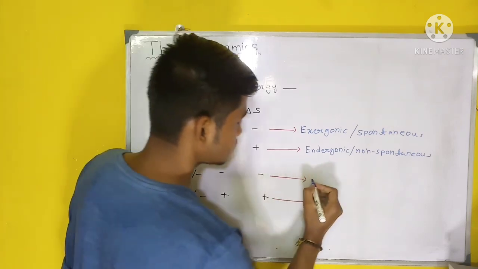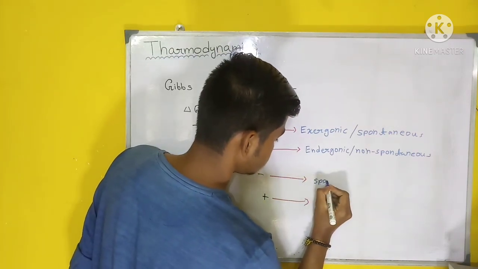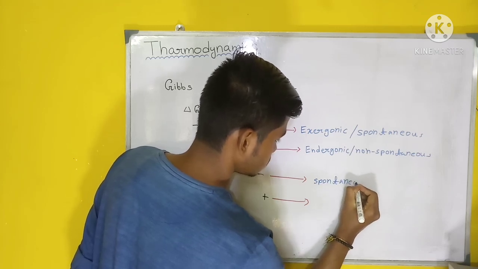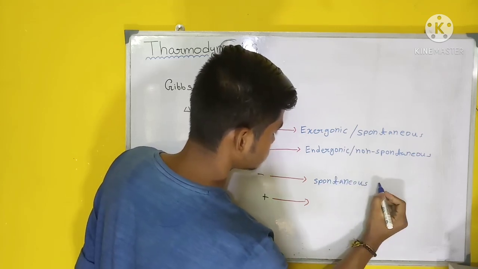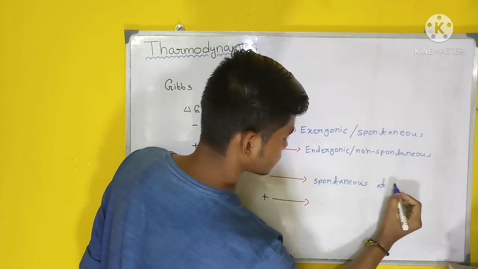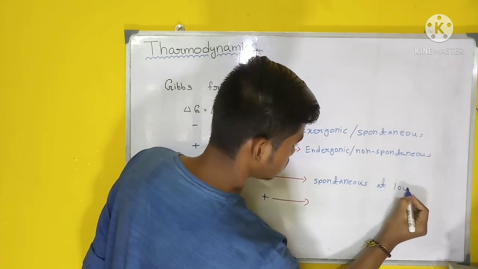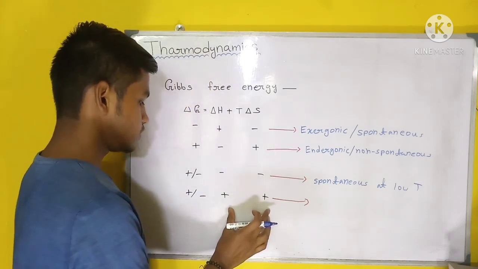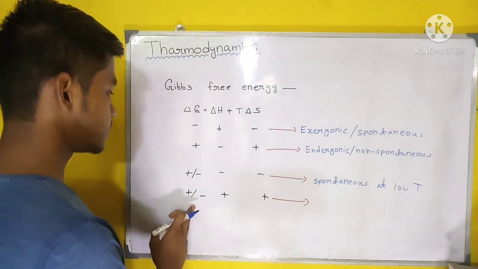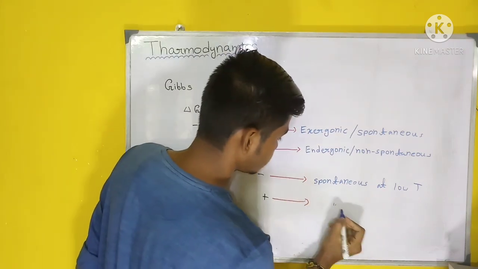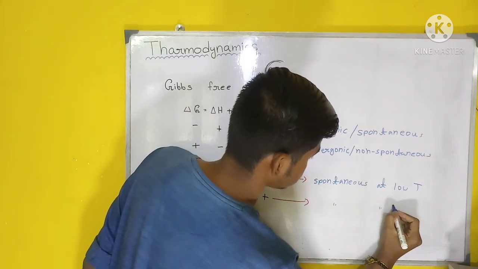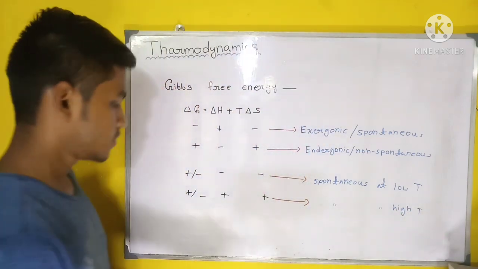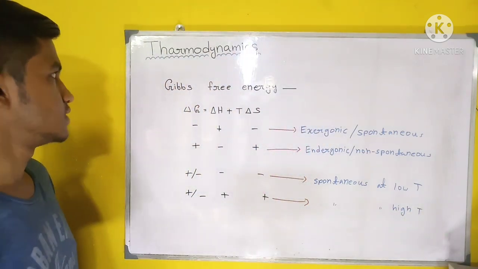That means it will be spontaneous at low temperature. And if both are positive, then it will be positive slash negative, but this time spontaneous at high temperature. So this is Gibbs free energy.